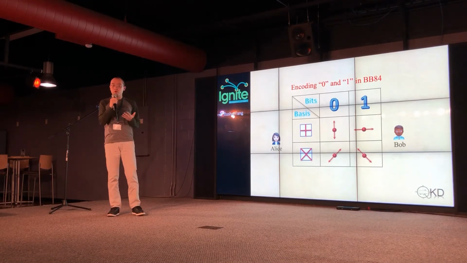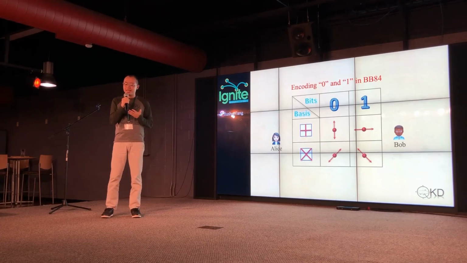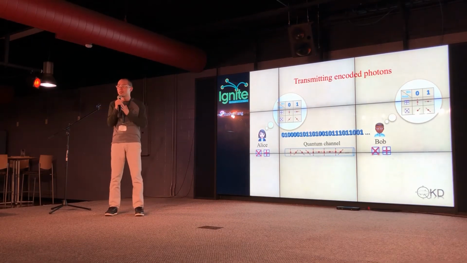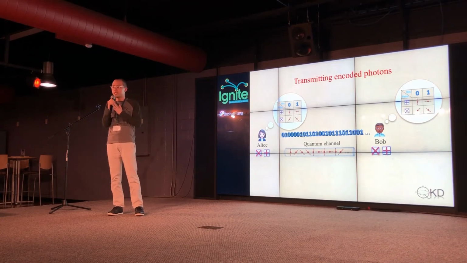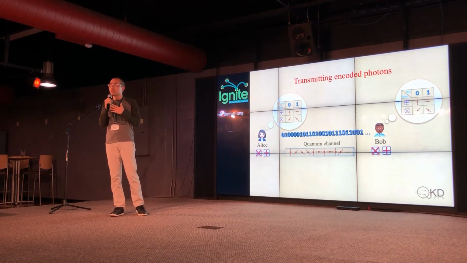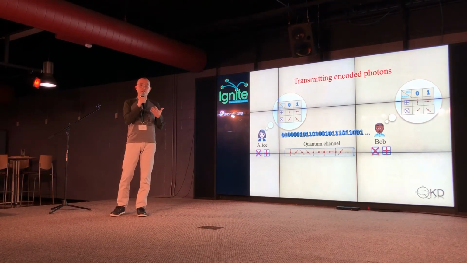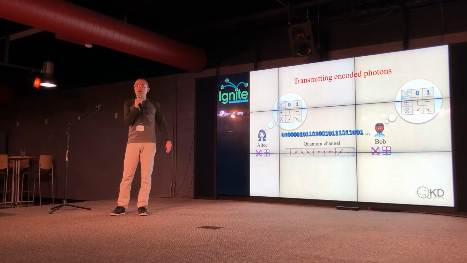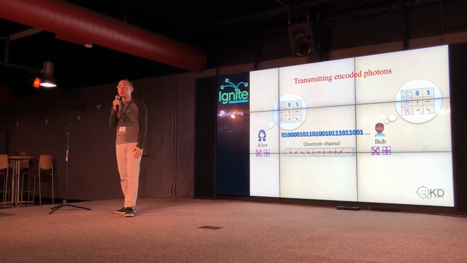The BB84 protocol begins with Alice generating a random sequence of zeros and ones that potentially forms the key. Alice prepares random bases and corresponding polarized photons, and then she sends those photons through a quantum channel, a fiber, for instance.